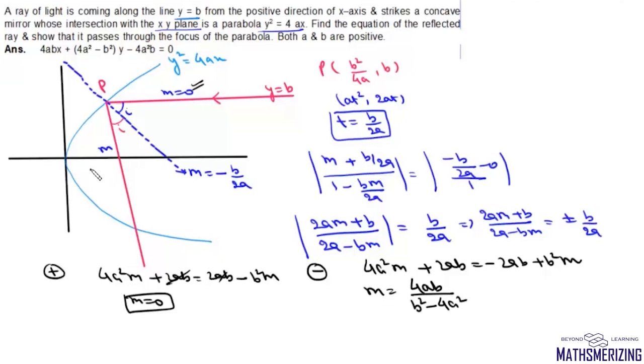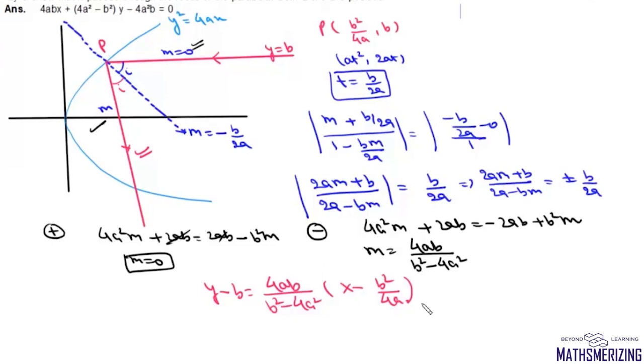Now we have the slope of this reflected ray, and we can write its equation also. The equation of the reflected ray will be y minus y1, so y minus b equals m times (x minus x1), that is, x minus b square upon 4a.